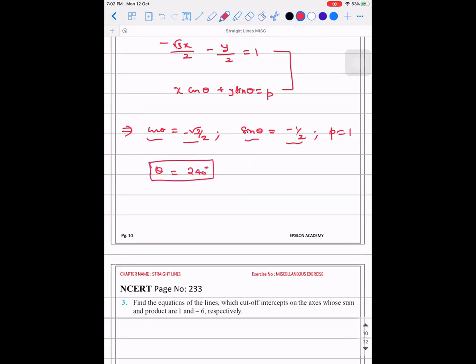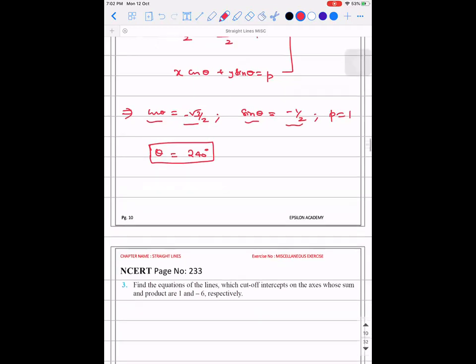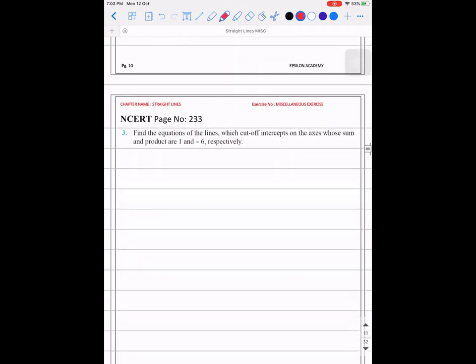That's right. So 240 degrees is right. p is 1 and theta is 240 degrees. Next. So the question is, find the equations of the lines which cut off intercepts on the axes whose sum and product are 1, minus 6 respectively.